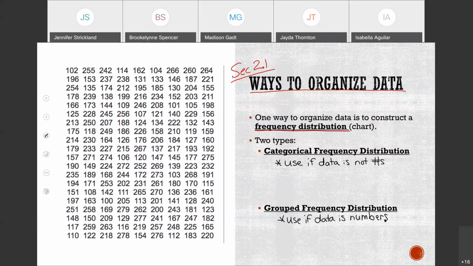So that's hopefully an easy distinction. When you look at it, you're going to say, oh, it's numbers, I'm going to do a grouped. Oh, it's not numbers, I'm going to do a categorical. That's the first thing you need to know.